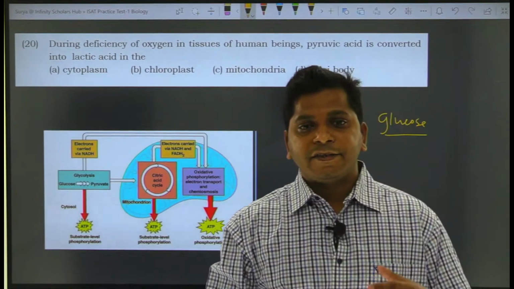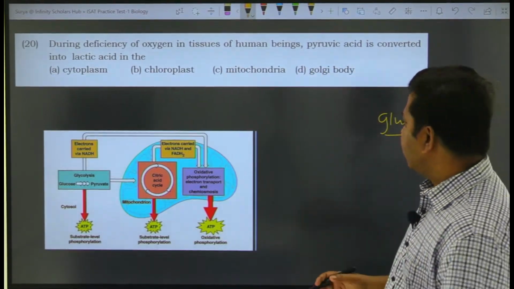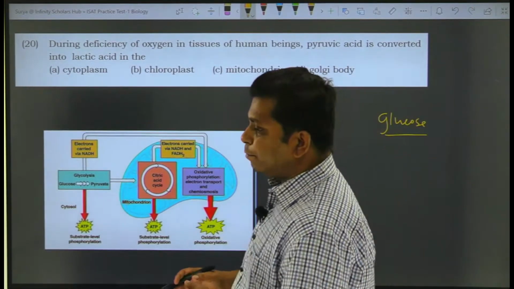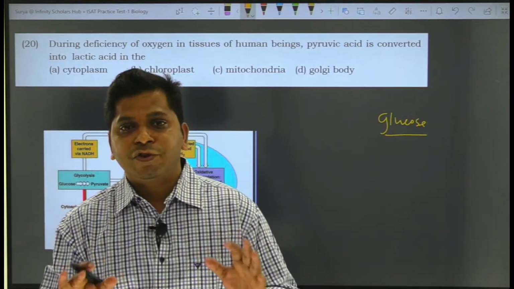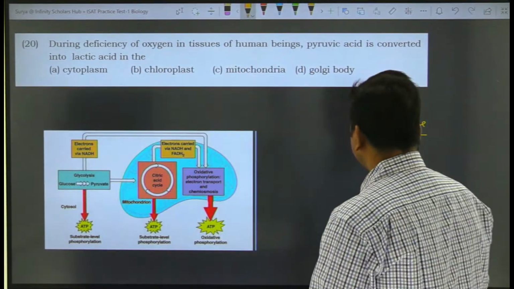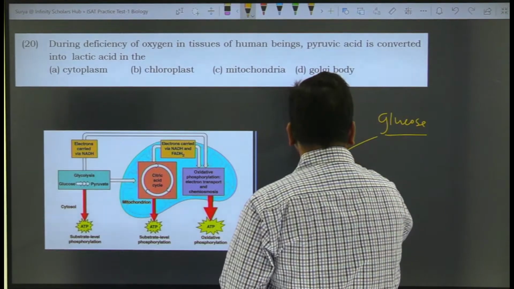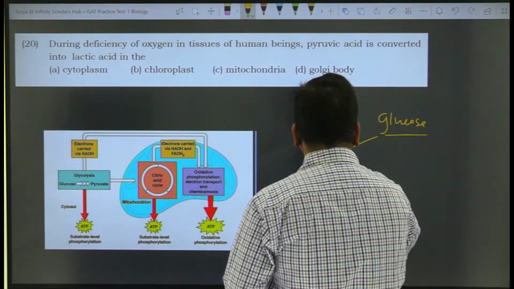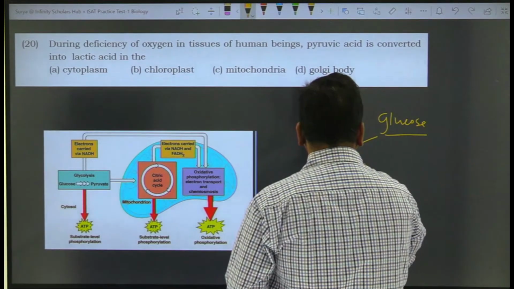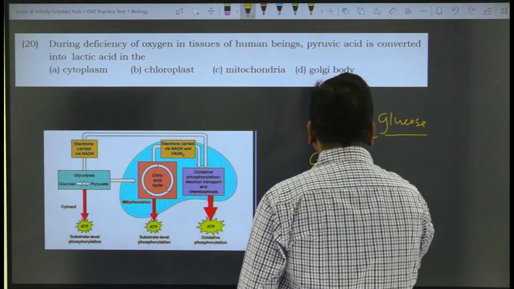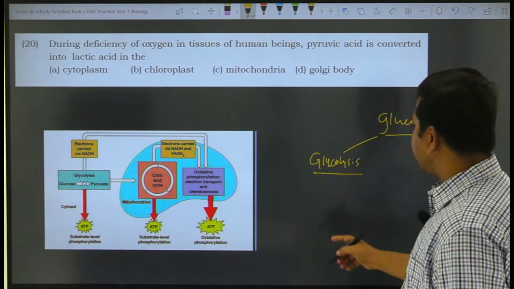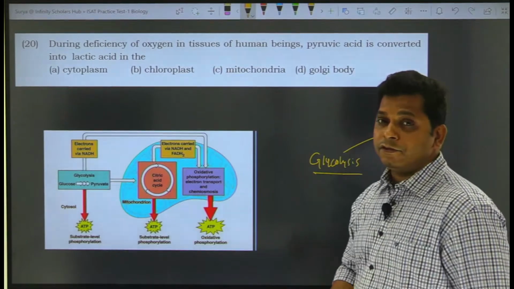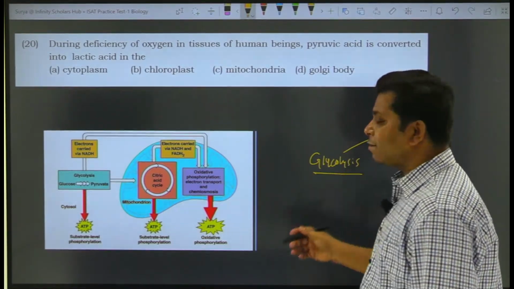the entire respiratory pathway. The respiratory pathway can be broadly classified into 3 phases, okay. What are those? The first pathway is called glycolysis. As the name suggests, what is happening here? Glyco means sugar, lysis means breakdown.